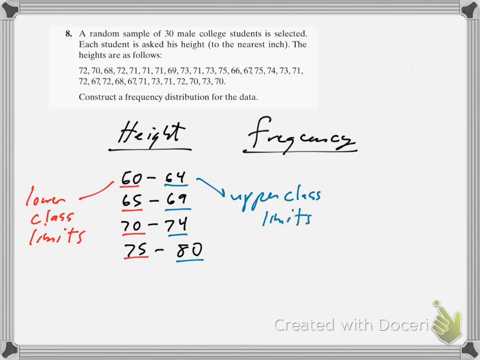Okay, and then we find the width of each class. The class width is found by taking one lower class limit and subtracting it from the next lower class limit.